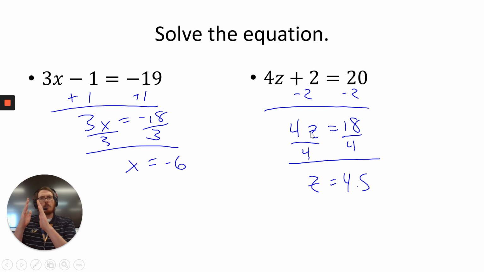Don't forget you could write those horizontally, so it would be 4z plus 2 minus 2 right next to it on the right side equals 20 minus 2 right next to it on the right side. That's another way you could write this situation, and then divide both sides by 4. This final answer could be a decimal 4.5 or a fraction of 9/2. Either option would be fine in this situation.